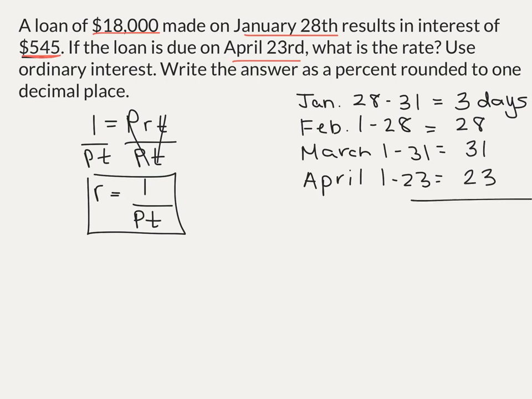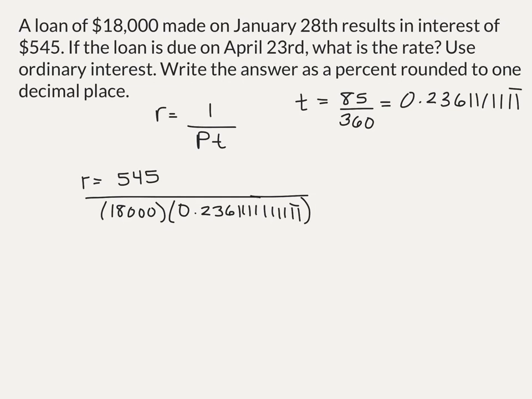When we add 3 plus 28 plus 31 plus 23 together, we get 85 days. So that means that T is 85 over 360, because we're assuming that there are 360 days in a year since we're using ordinary interest.